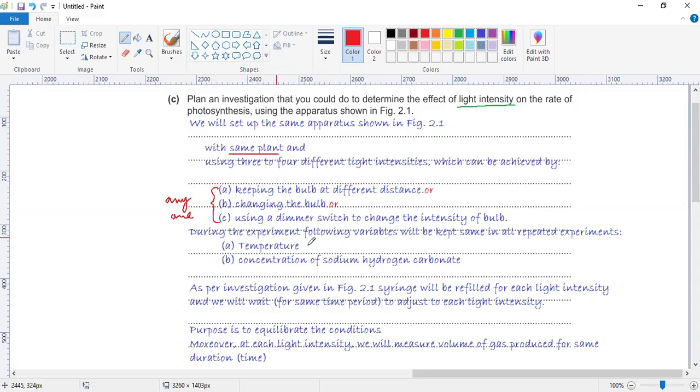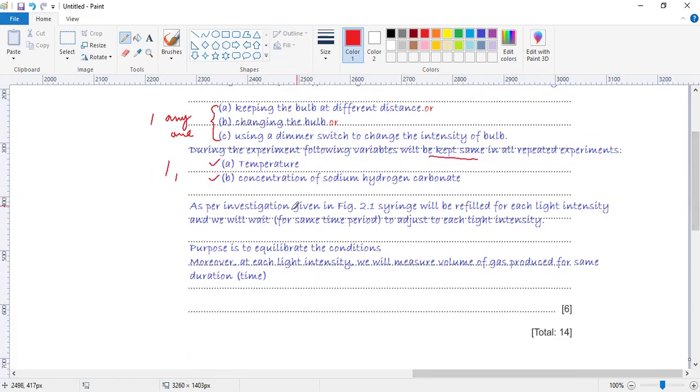Then during the experiment, the following variables will be kept the same: the temperature and the concentration of sodium hydrogen carbonate. So this is also an important point. One mark is for this, one mark for any one of these, and one mark for these two. No, they both have separate marks.